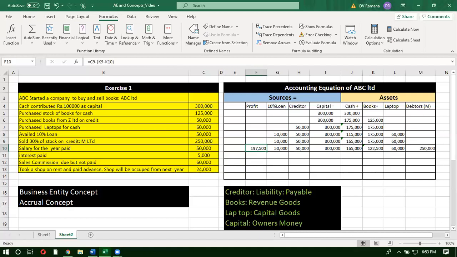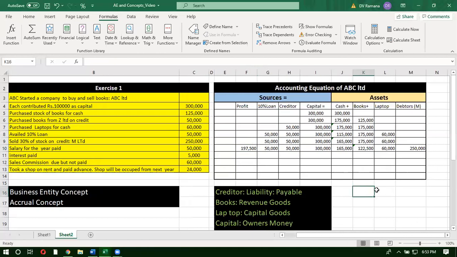So at this juncture, you want to know, how did I make the profit? Sales, you can see that here, is 250. Cost of goods sold is equal to 30%, 0.30. So therefore, the profit is equal to 197.